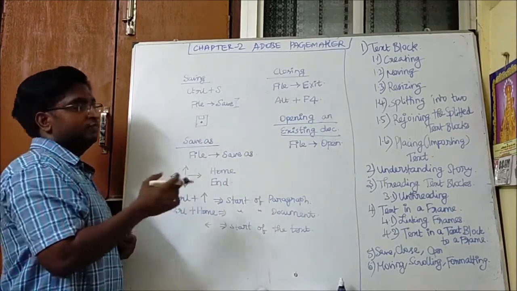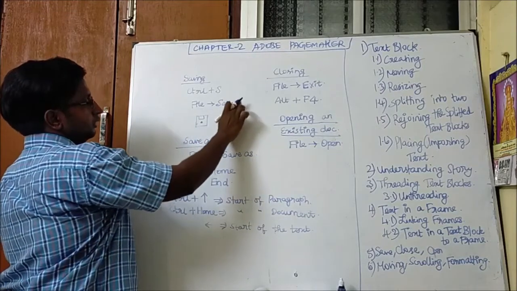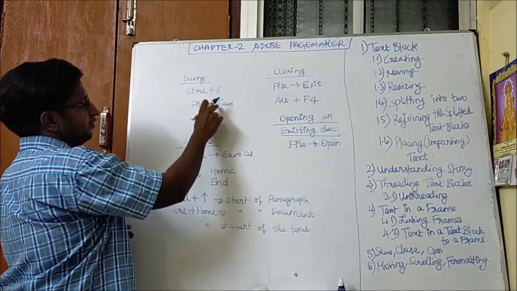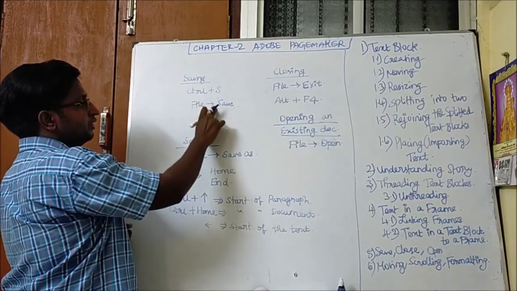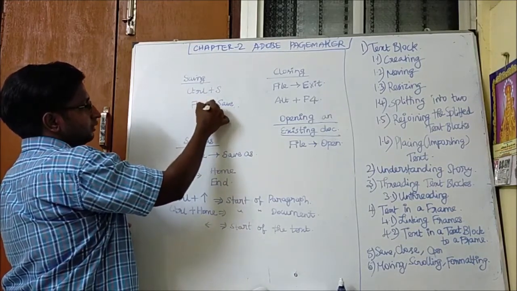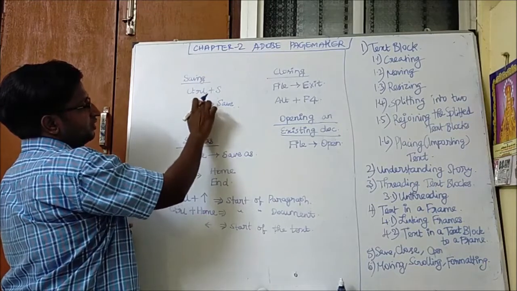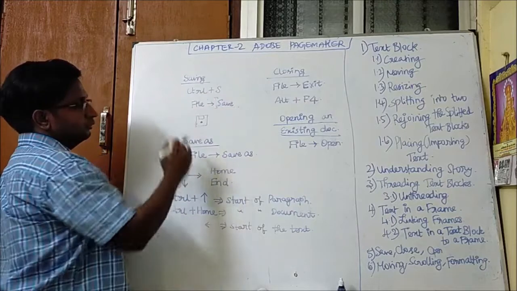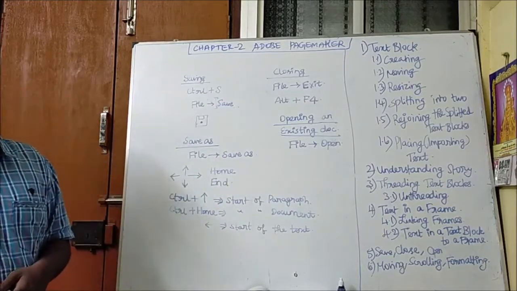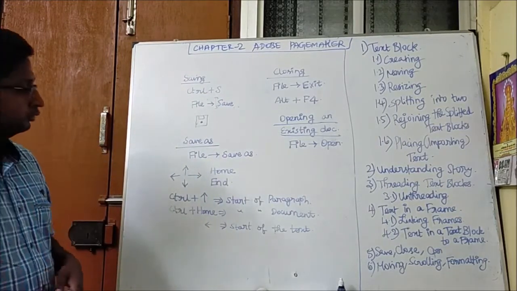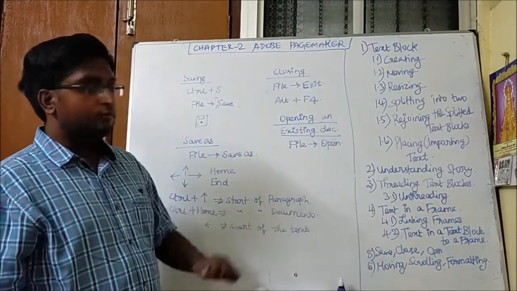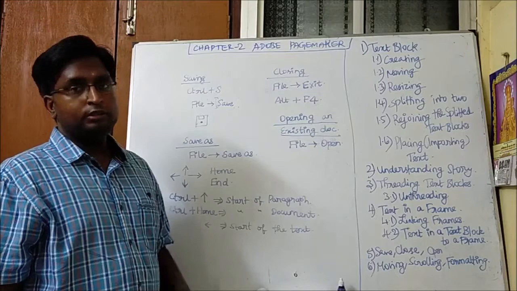If I press Control plus left arrow, it will move a word before. It will check whether a space is there, and the cursor will wait one step backward toward the word. So this is how moving in and around the document happens.